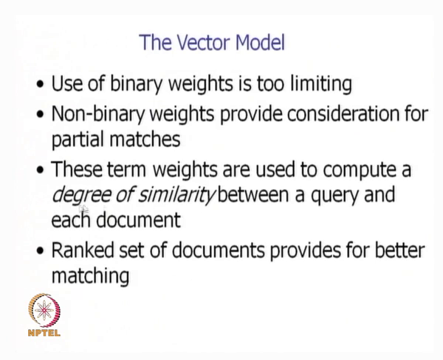Degree of similarity is important because we have a human being making queries to the web. It is the information need of a human being which is being satisfied, and human beings by nature are fuzzy, noisy, imprecise. A ranked set of documents provides for better matching.